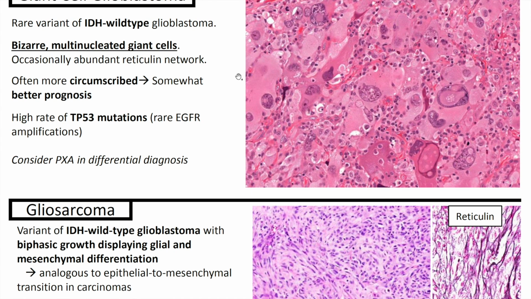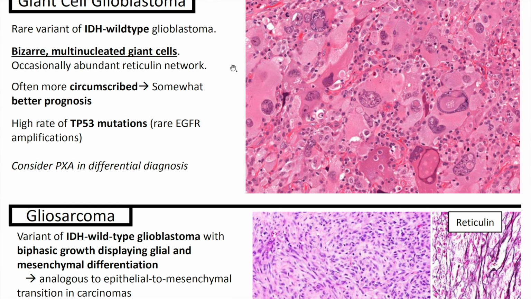Next up, we've got giant cell glioblastoma. So this is a rare variant of IDH wild type glioblastoma with bizarre multinucleated giant cells, often more circumscribed and often has a better prognosis with a high rate of TP53 mutations and rarely EGFR amplifications.